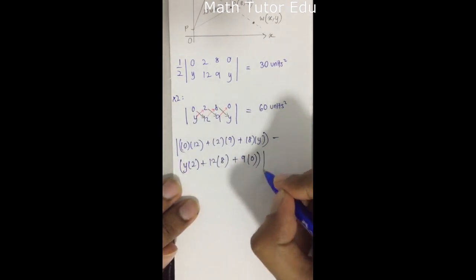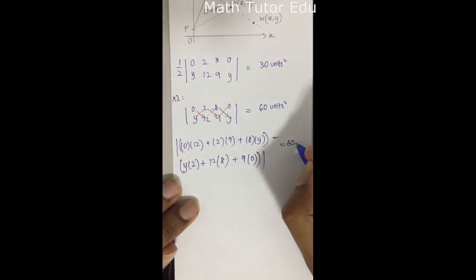Okay, close bracket, close modulus equals to 60 units square.